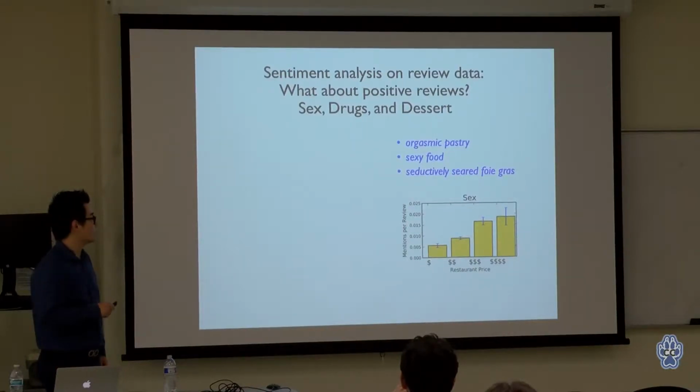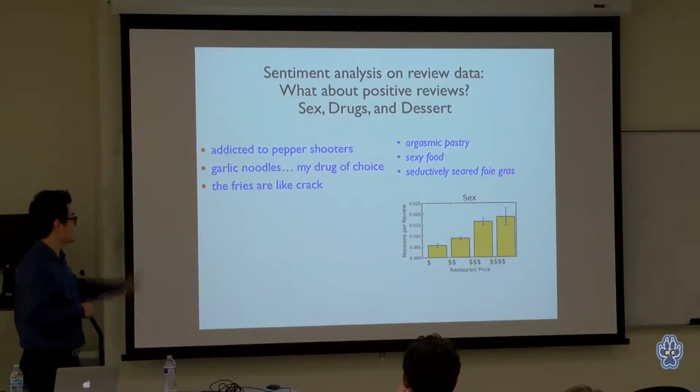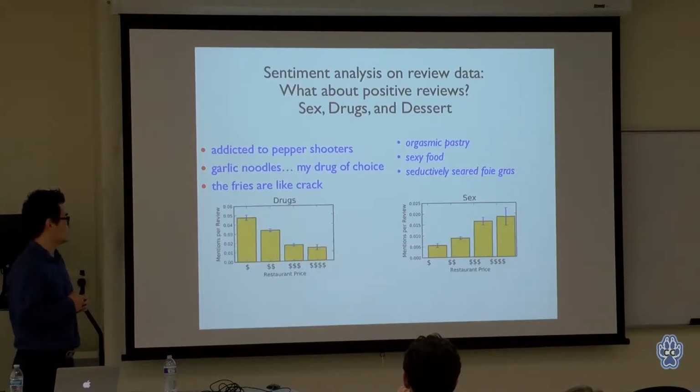right? Another interesting thing is that we also studied drugs, right? So we found that people also use language about drugs in food reviews. For example, the fries are like crack, and they're so addicted to pepper shooters, and garlic noodles, my drug of choice. So you can see that there's also this kind of drug language in food reviews. But there's another thing we found, which is a very interesting correlation with the price as well.